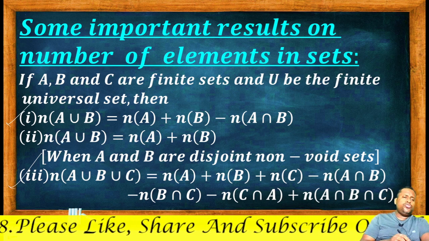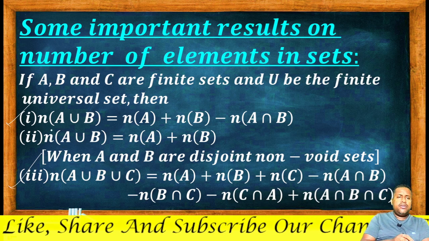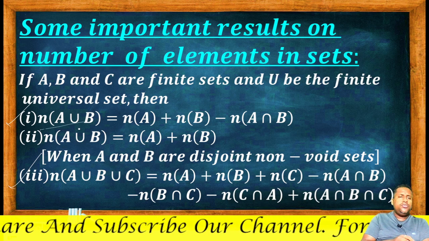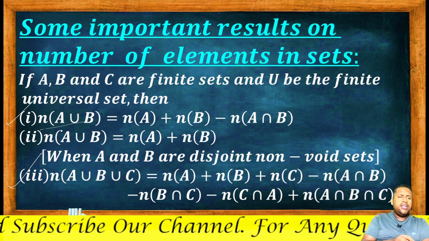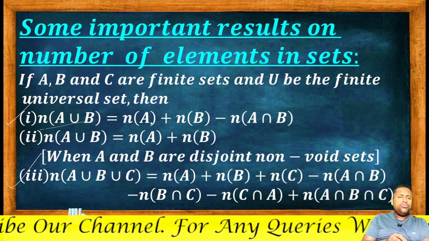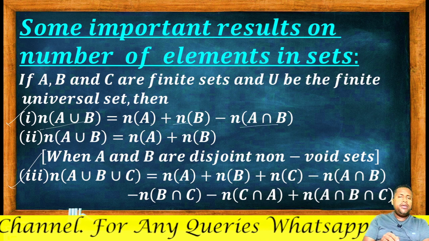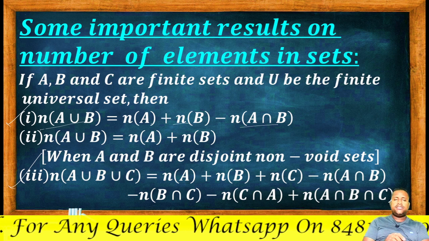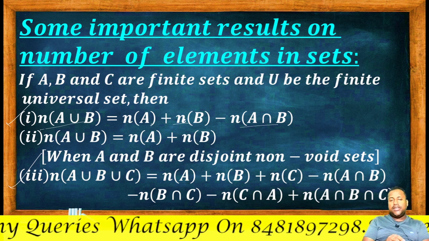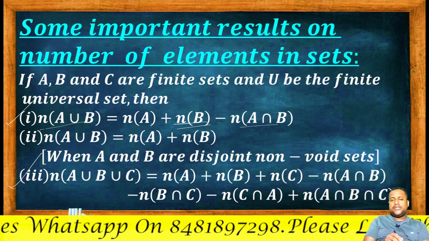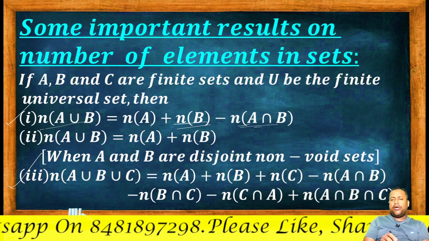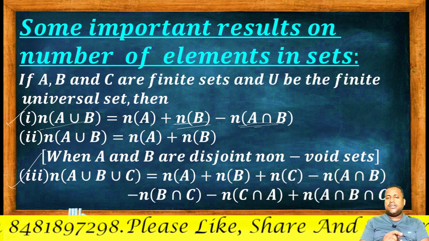So first one is for the number of elements of any two sets A and B: n(A union B) equals n(A) plus n(B) minus n(A intersection B). That means the number of elements present in A, plus the number of elements present in B, minus the number of elements present in A intersection B.